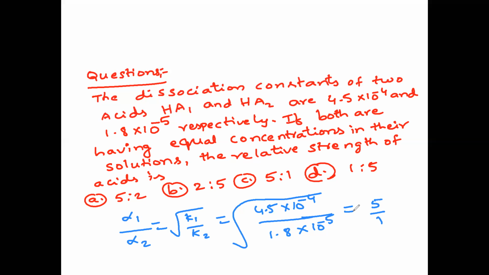So the answer is 5:1. To calculate the relative strength of acids, we use the formula alpha 1 by alpha 2 is equal to root of K1 by K2. Please note down this formula, very, very important. Next question. Write it down.